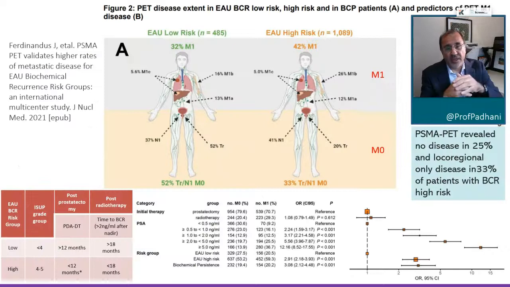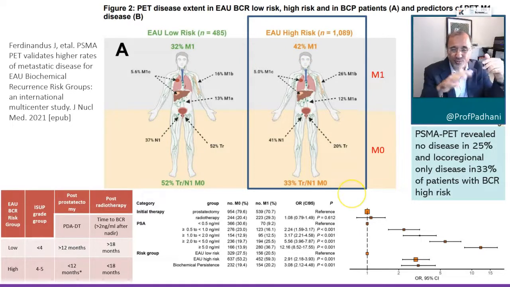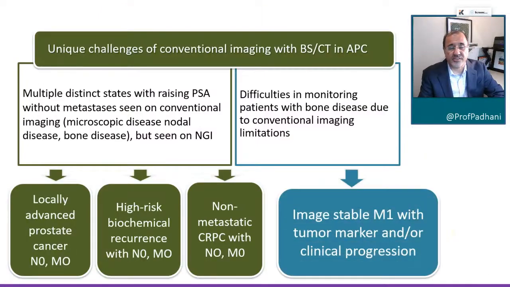So, for example, if you take high risk biochemical recurrence, and this is these patients here, you can see that 42% of men will have metastatic disease. And of course, the higher the PSA level, the more likely you're going to see a metastasis or local tumor recurrence.